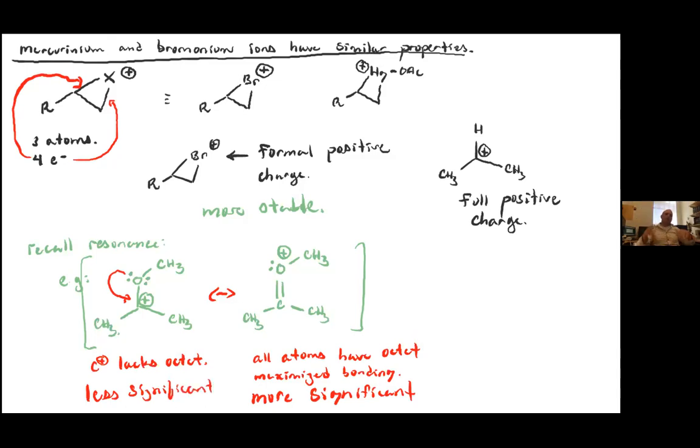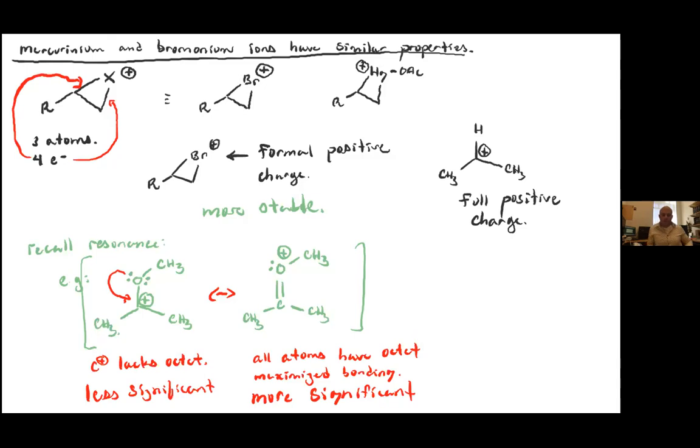Another way to say that is that the structure on the right is expected to be more stable than the structure on the left. Obviously, it's important to remember we're not talking about an equilibrium. These are contributors to the overall structure of the molecule. But the more stable structure, the structure with the more stable elements, contributes in a more significant way. Hopefully you see the analogy to the bromonium ion or the mercurinium ion versus a carbocation.